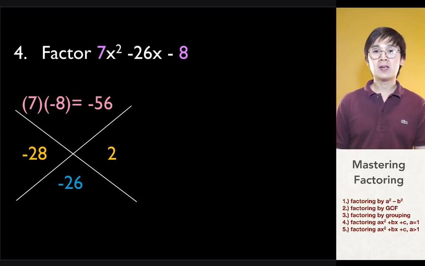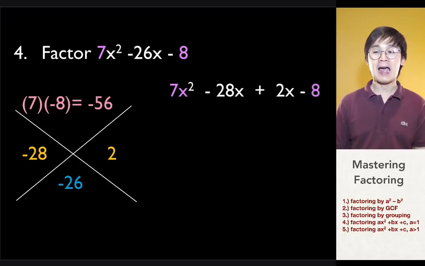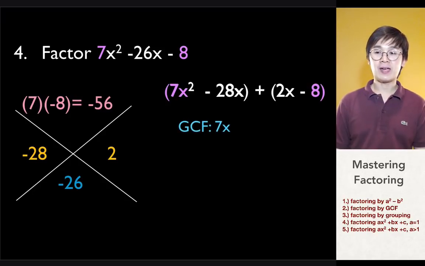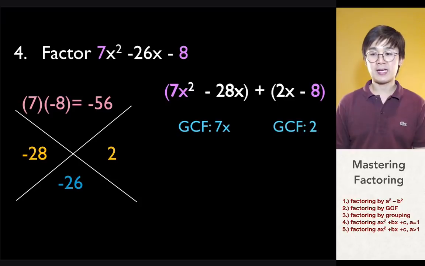And once again, the most difficult step in factoring this polynomial is finding the matching factors in our quadratic equation. But once you know or figure out the factors that you're looking for, it will be easy after that. So we have 7x squared minus 28x plus 2x minus 8. By grouping, we'll have GCF of 7x for the first group and 2 for the second group.